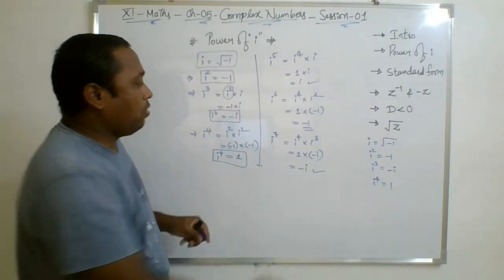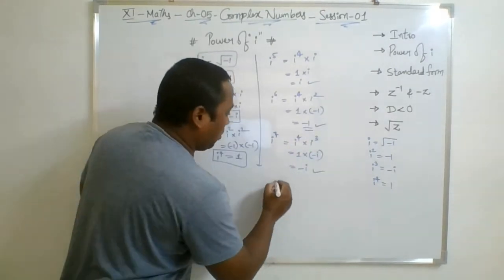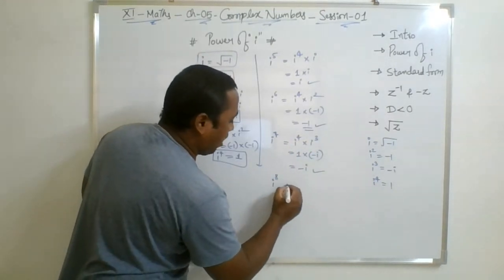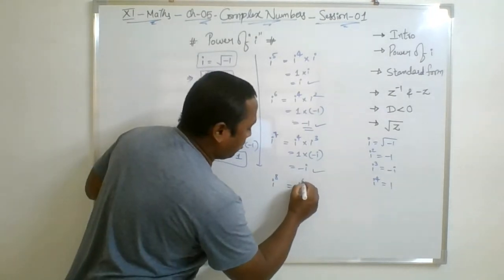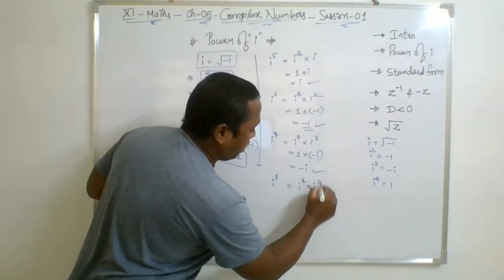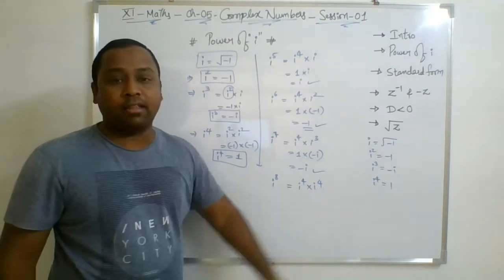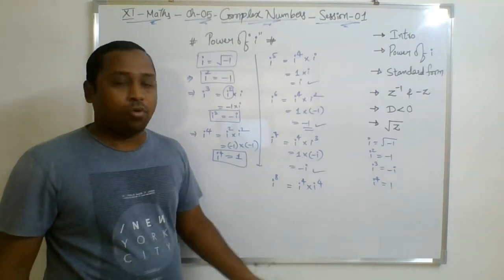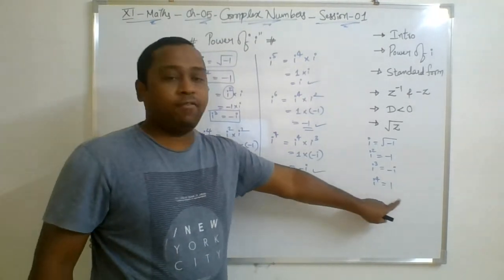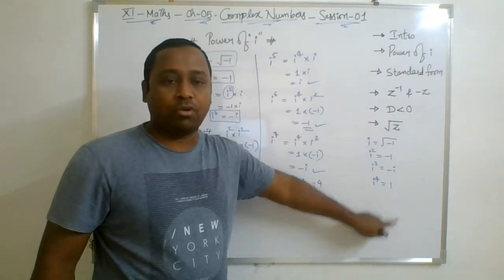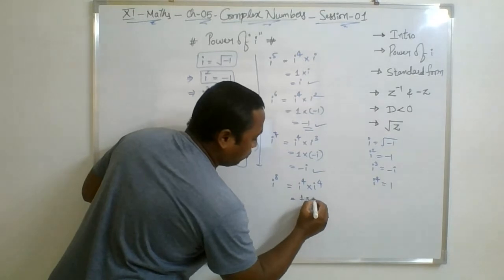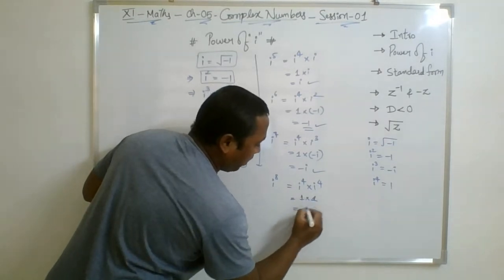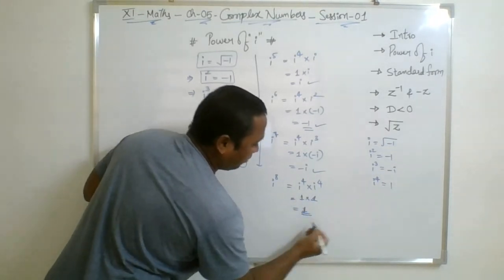So when you are increasing the power, i power 8 means I can write i power 4 into i power 4. I am just breaking the power in terms of 4, so that i power 4 is 1. It is so simple to solve. So i power 4 is 1 into i power 4 is 1, so 1 into 1 is 1.